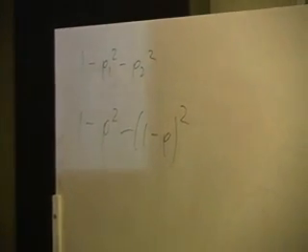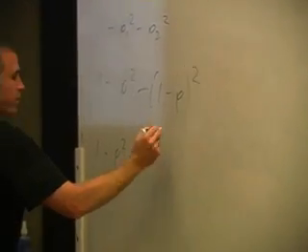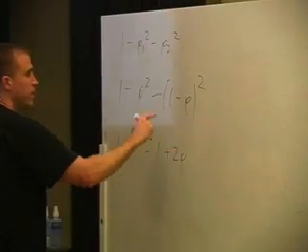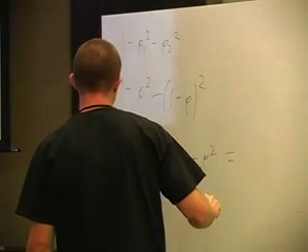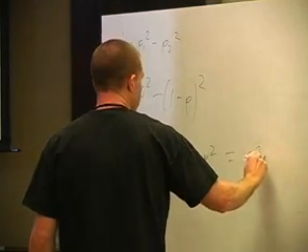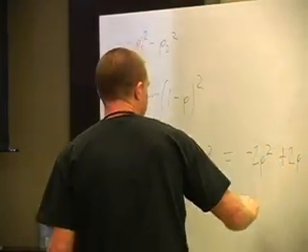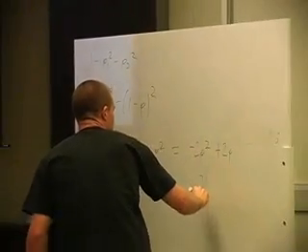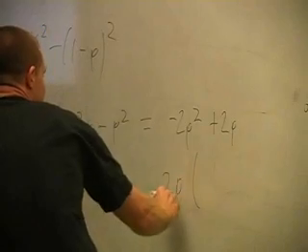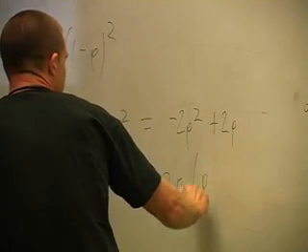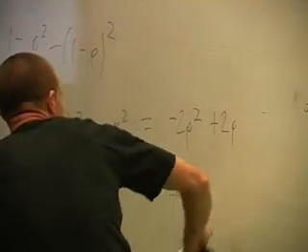So that's 1 minus P squared minus 1 plus 2P minus P squared. So it looks like I lose my 1, but I have a minus 2P squared and plus 2P. If I factor out the 2 and the P and reorder, then that's just going to be 2 times P times 1 minus P, right? P times 1 minus P.